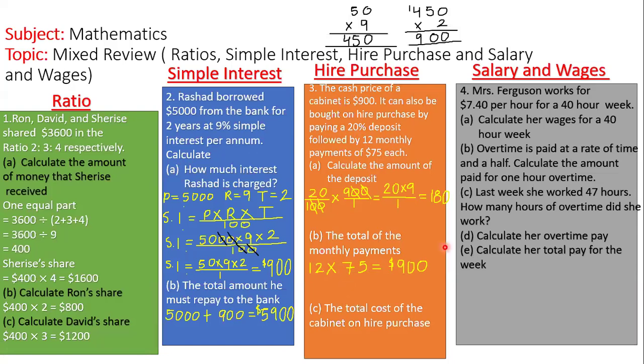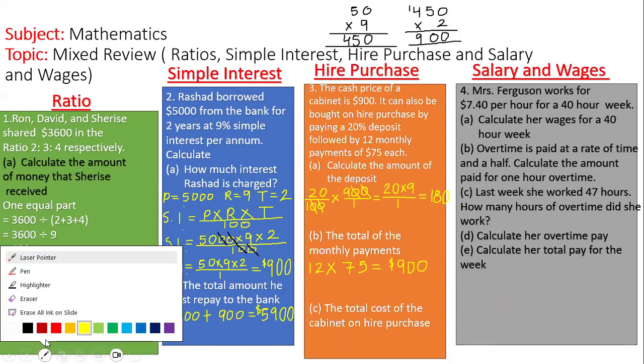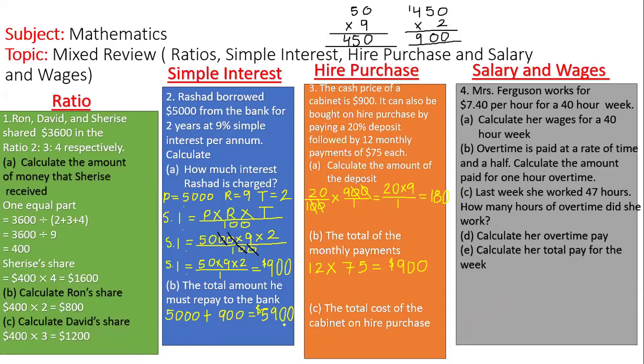Now I want the total cost of the cabinet on the hire purchase. How are we going to get that? 1,680? They asked for the total, so we have to add. You have to add the total monthly payment plus the deposit.